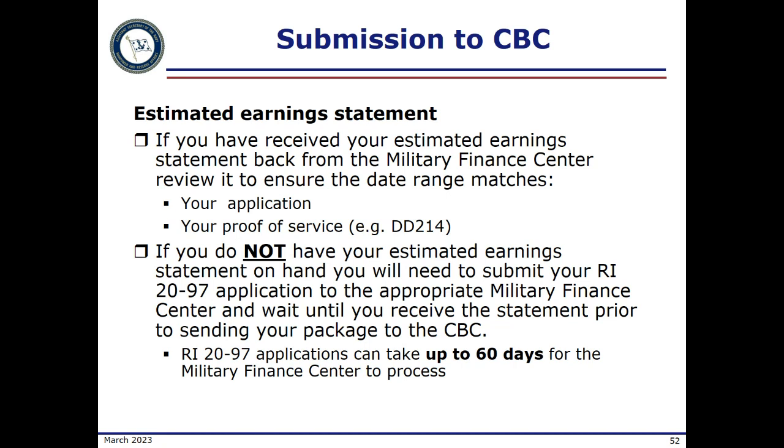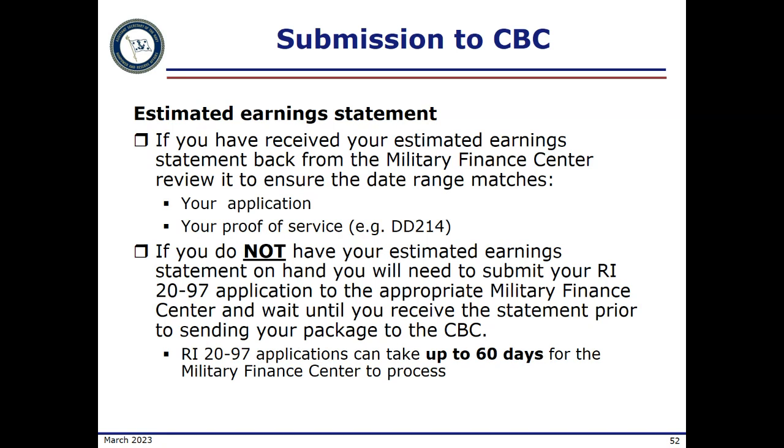If you have received your estimated earnings statement back from your Military Finance Center, just review it again, ensure the date range matches your application and matches your DD 214 or whatever other proof of service documentation that you have.